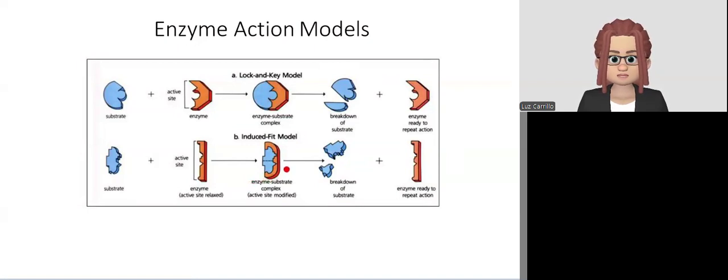And the enzyme reshapes and hugs, in a way, the substrate in order to convert it into product. So out of the two different models, the induced fit model is more dynamic.